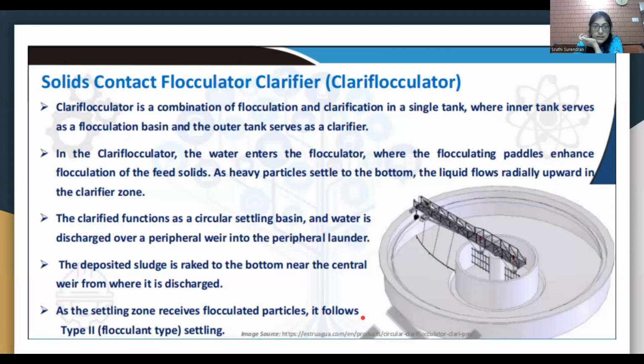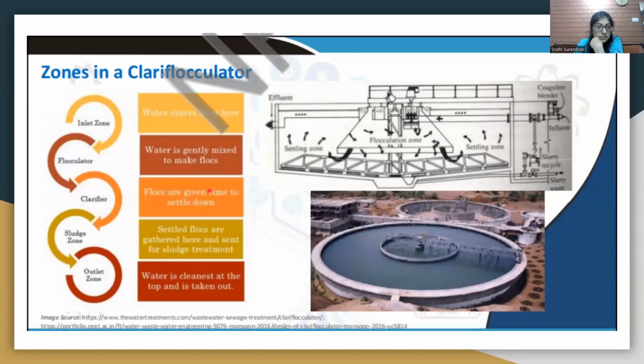The detention time is given in the design criteria. We have the inlet zone, which is a flocculator, then the outer zone is the clarifier, then there's a sludge zone where the sludge is collected and removed, and the clarified water will move out of the clarifier.